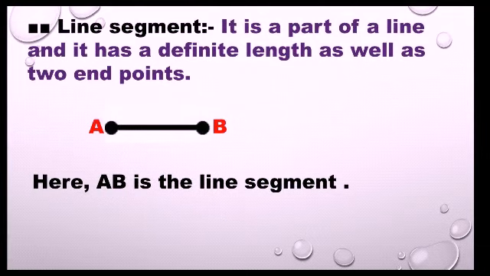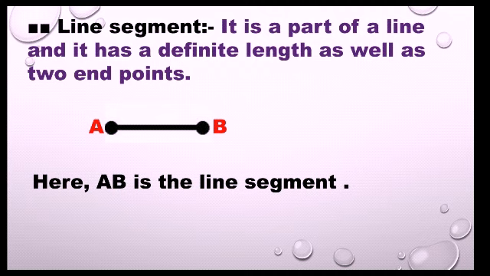Now let us talk about a line segment. What is meant by line segment in geometry? See, segment means a part. So a line segment is a part of a line and it has a definite length as well as two endpoints.